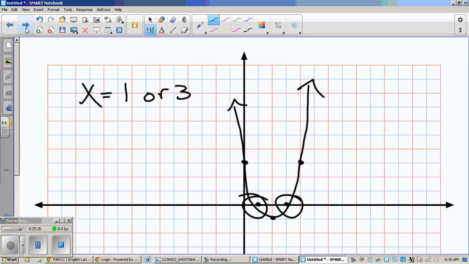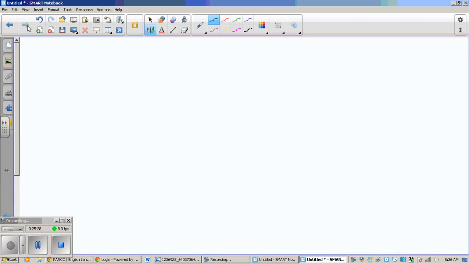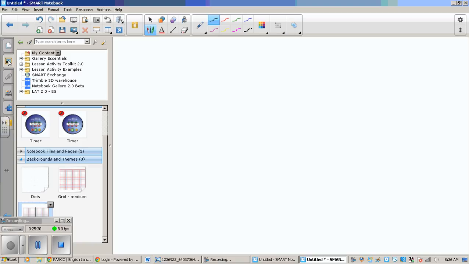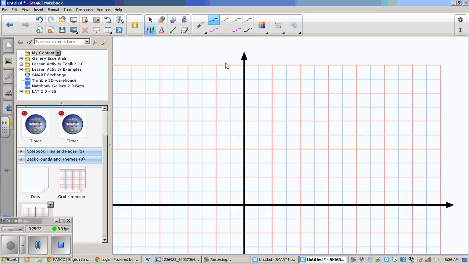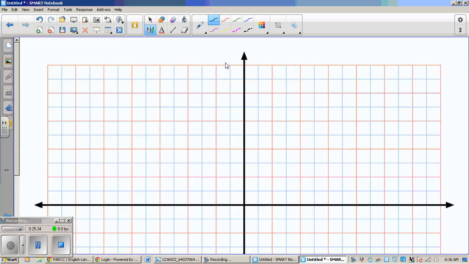Okay? If you get a parabola that looks like this, and it's a minimum, but the minimum is right here, and it goes like this, it doesn't have any roots. That means there's no solution to this problem.